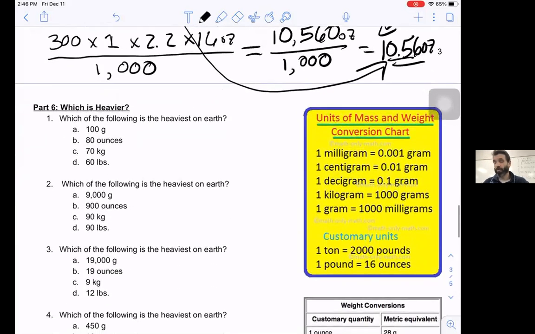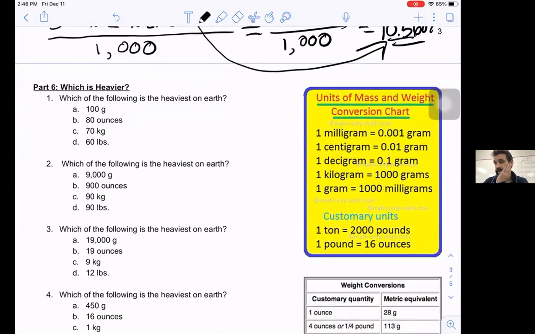Okay. So this is on the test. Which of these is the heaviest amount, right? So I'm just going to go through my thinking. So let's convert everything into pounds, right? Or let's try, let's convert it into kilograms. Well, I guess maybe pounds here.